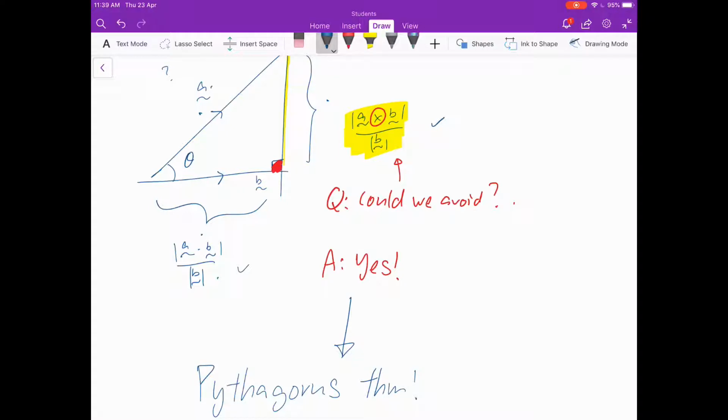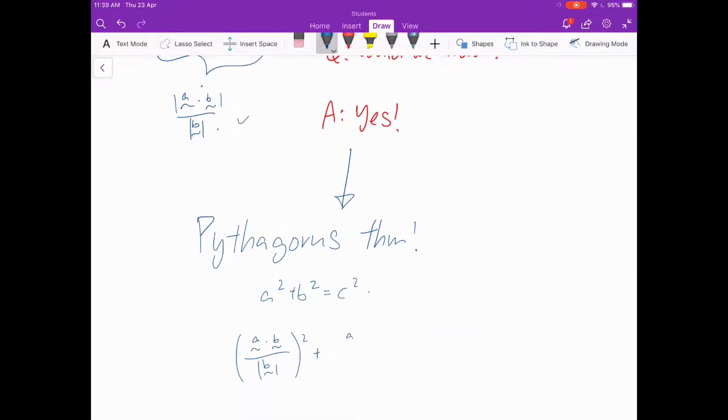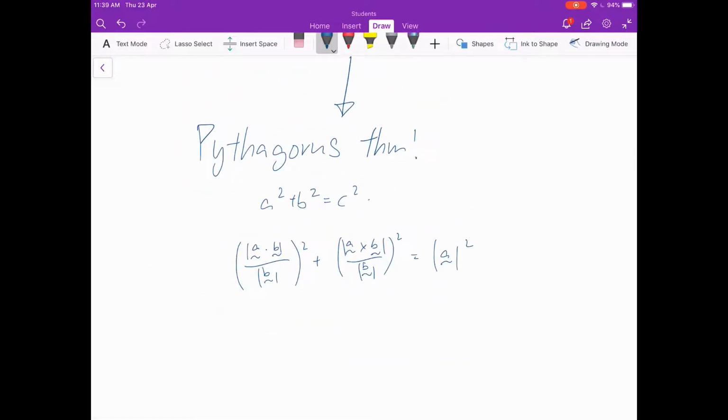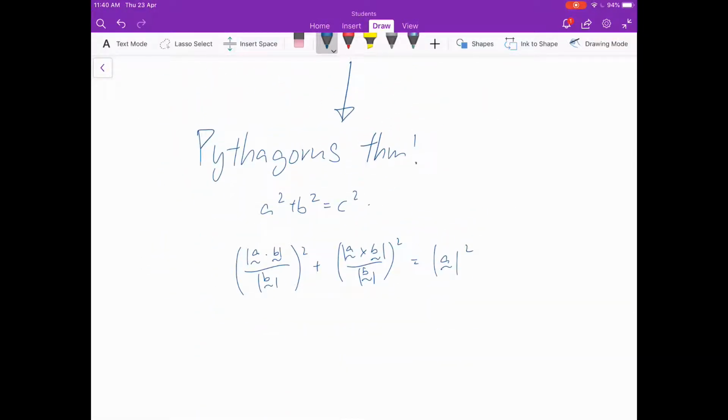If you just cross, you get a vector. Right? There we have it.